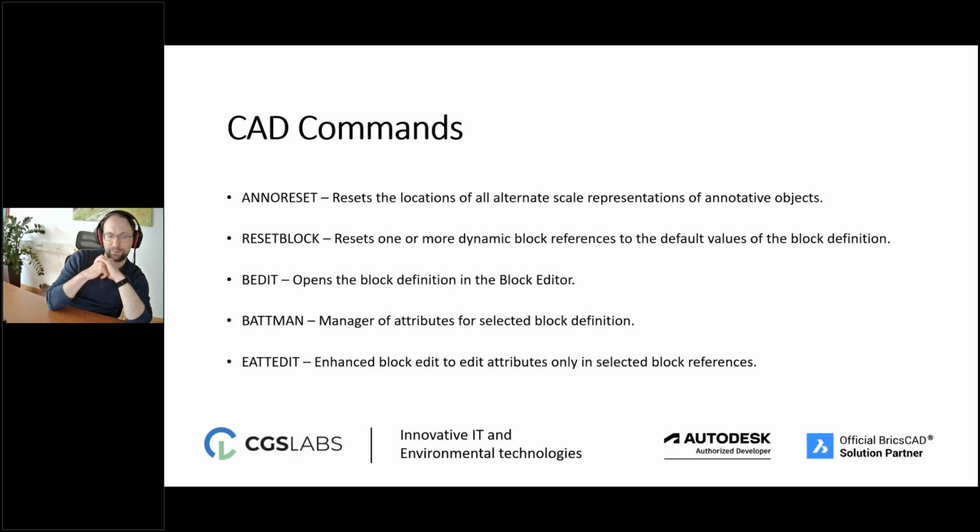As I said, we can prepare annotative blocks which can then be changed with the annotation scale, and here is a command that resets all the different alternate scale representations. Then we have reset block, block edit, block attribute manager, and then enhanced attribute editing. So all of these commands can be used to change or edit the CGS labels.